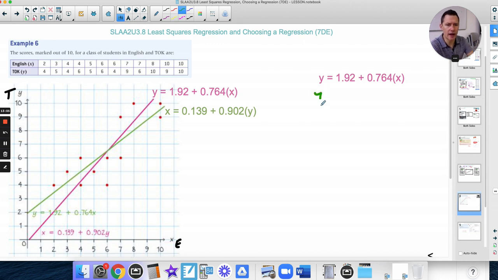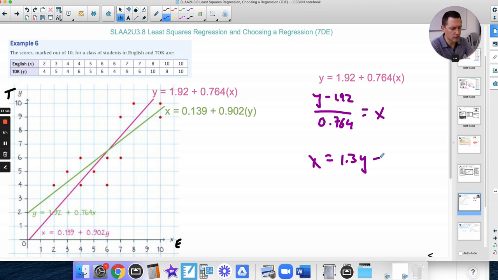If you subtract 1.9 and then divide all of it by 0.764 to get X, you end up with X is 1 over 0.764 times Y, so you get 1.3Y minus that 1.92 divided by 0.764 minus 2.51, right?